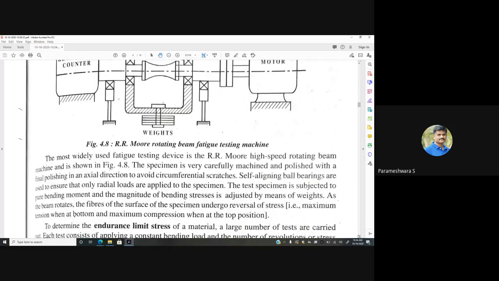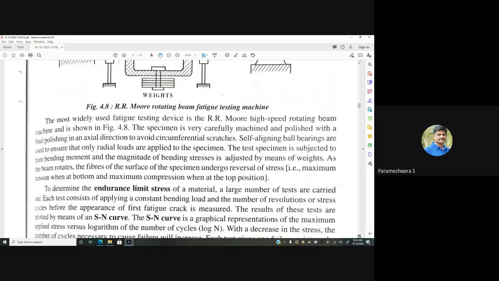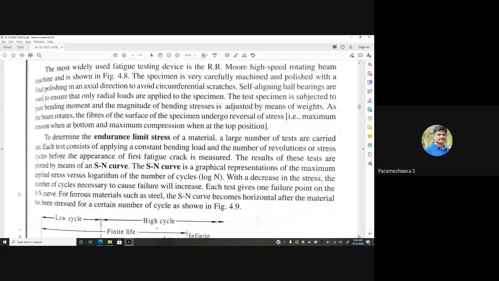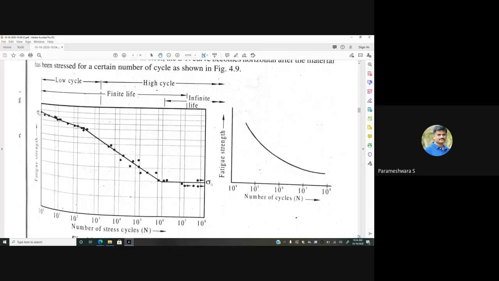And you can see that in our lab. And this is a graph plotted for the specimen subjected to fatigue loading, between fatigue strength on the y-axis and the number of stress cycles on the x-axis. Look at that, the graph is coming down.